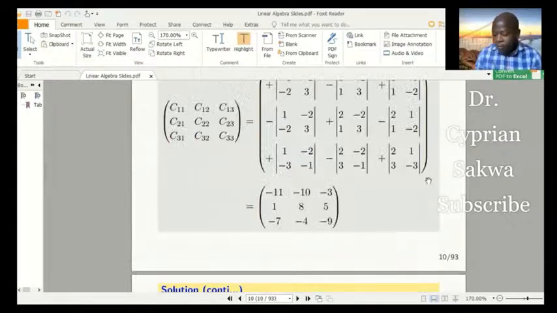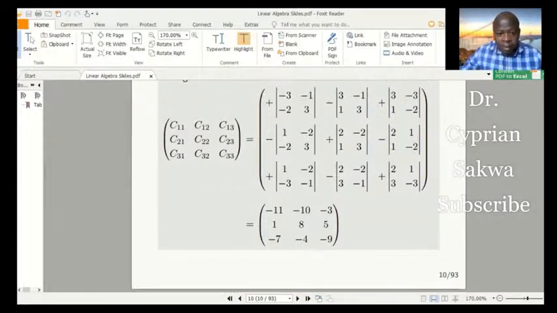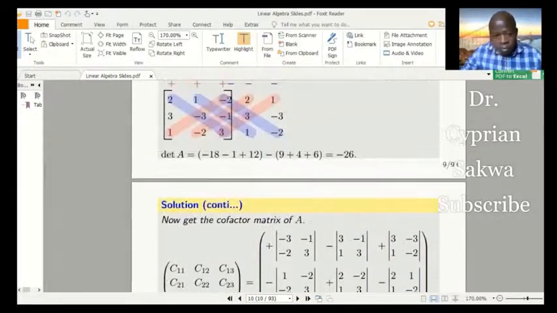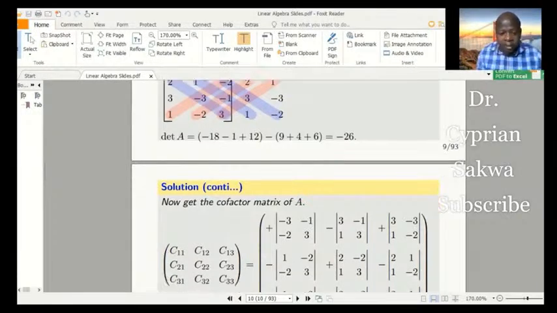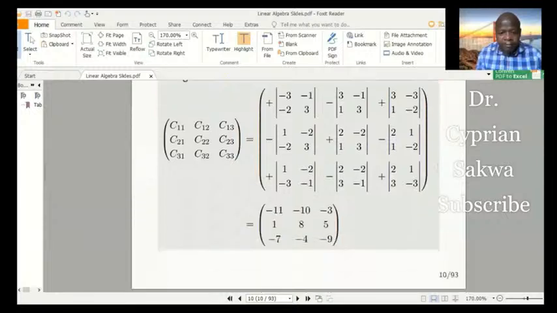Let me write it somewhere so that as we refer to it, it becomes easy.